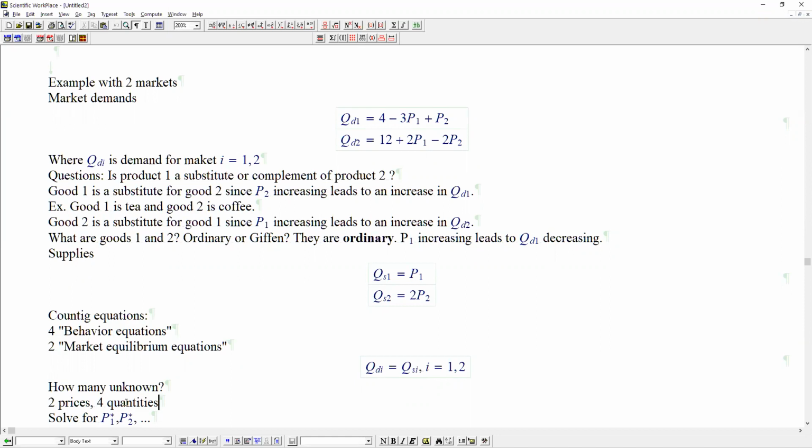Am I guaranteed to have a solution? Yes, no, maybe? At least I have the same number of equations as unknowns, so that's a start.